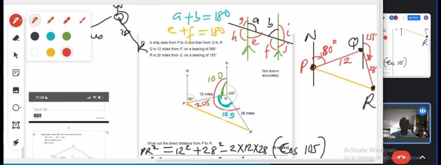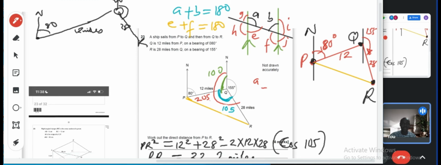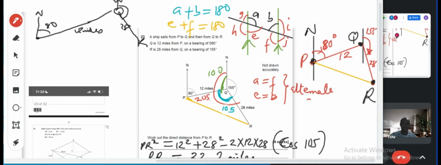What are the alternate angles? A is equal to F, and E is equal to B. They are alternate angles, and they are equal. So which ones are corresponding?